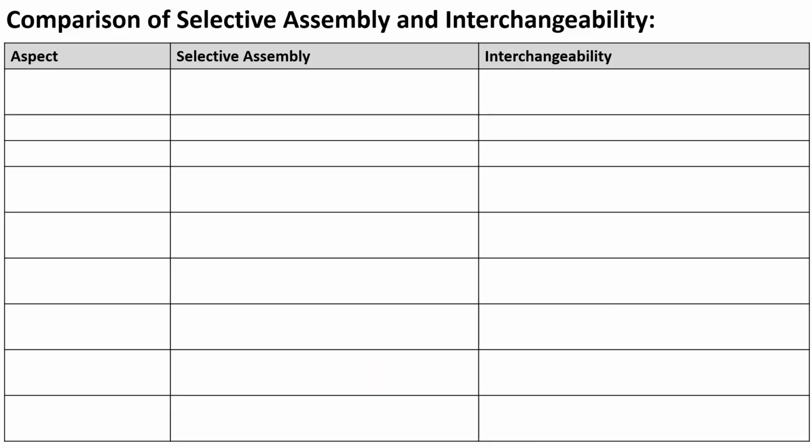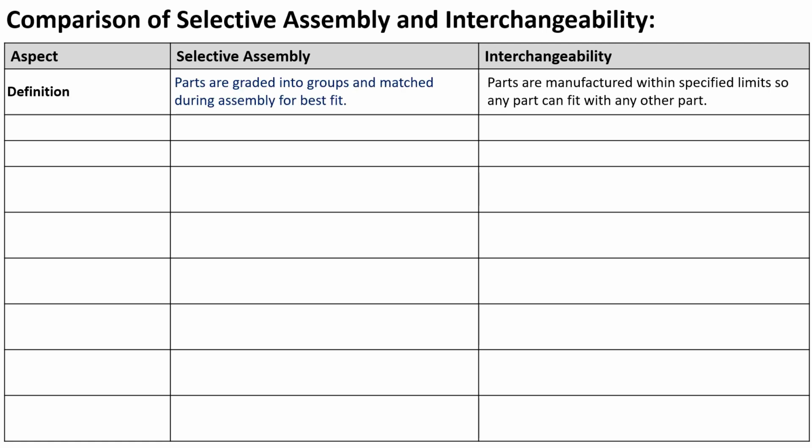Let's see the comparison of selective assembly and interchangeability. In selective assembly, parts are graded into groups and matched during assembly for the best fit. In interchangeability, parts are manufactured within the specified limits, so any part can be fitted with any other part. Matching is required in selective assembly, but in interchangeability no matching is required.